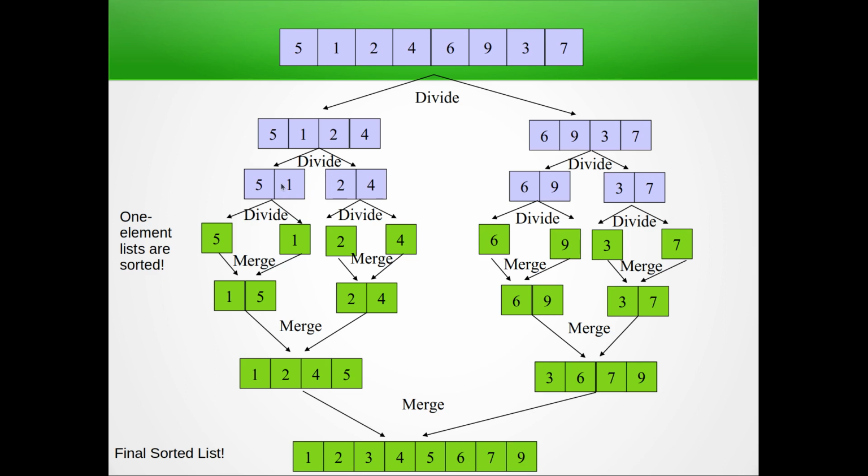This is the recursive case of my Mergesort algorithm. What is the base case? Well, when my list has length 1, it is already sorted, because this is a list that only contains element 5, so it is sorted. So when I reach the level where all the lists have size 1, they are all sorted.